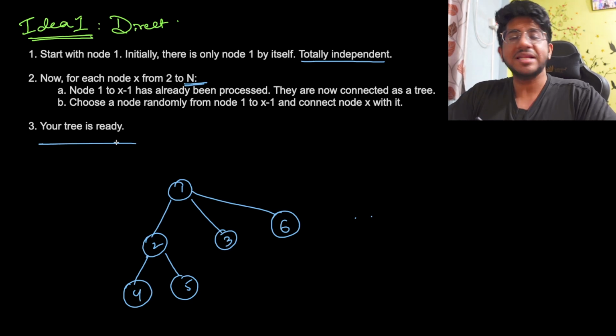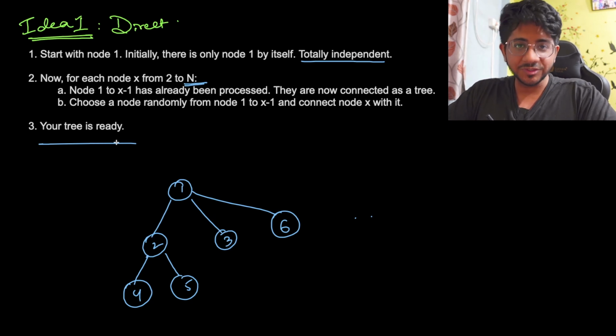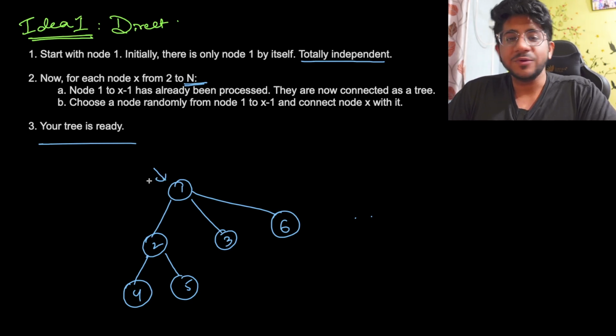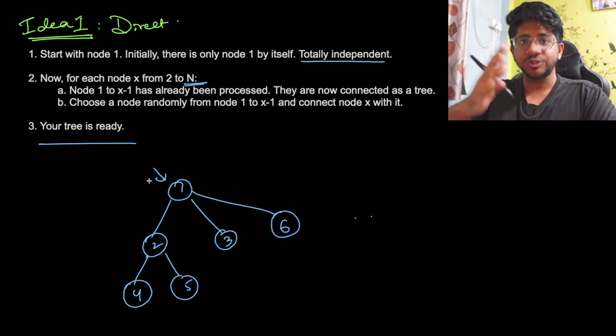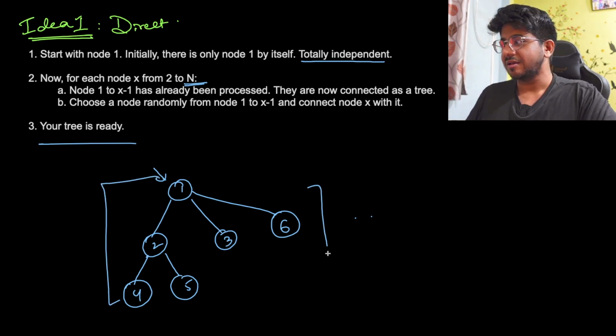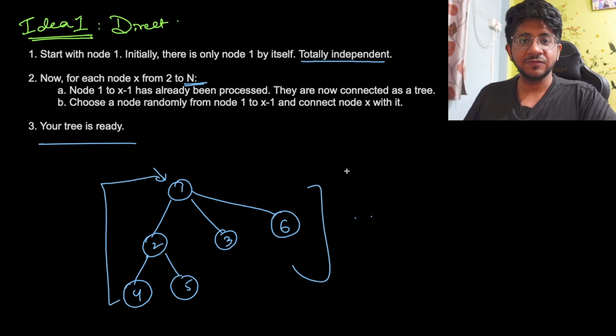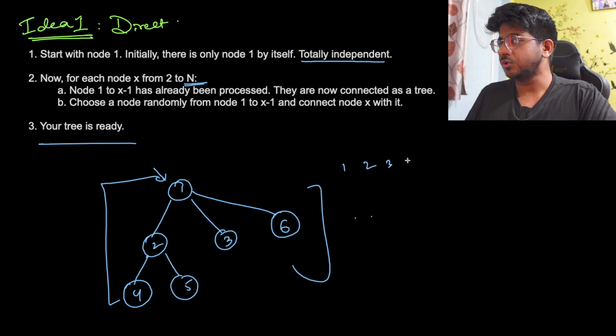So this can be a very simple and direct idea that you can use to generate trees. But the problem with this particular idea is that you always have 1 as root. Now what can you do with that? Maybe one thing you can think about is, after you generate the whole tree, I will build a 1-to-1 mapping with a permutation of 1 to n, say 1 to 6. What does that mean? 1, 2, 3, 4, 5, 6 will be renamed as, let's suppose, 2, 5, 1, 4, 6, and then 3 is left.